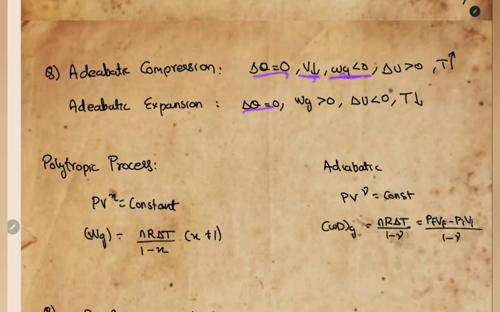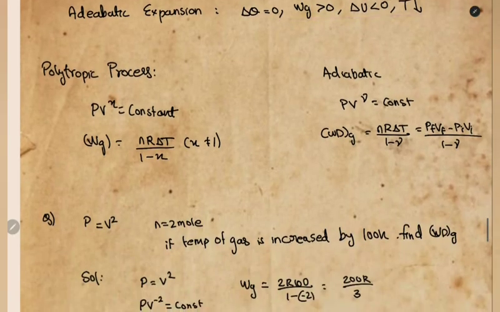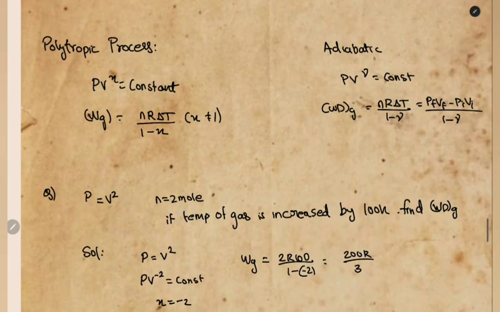So work done by the gas will be negative, and delta U will be increasing because temperature is increasing. Fine. When volume is decreasing, temperature will definitely increase, or else you can also go with the first law of thermodynamics rule. You can analyze this in the same way, I think.